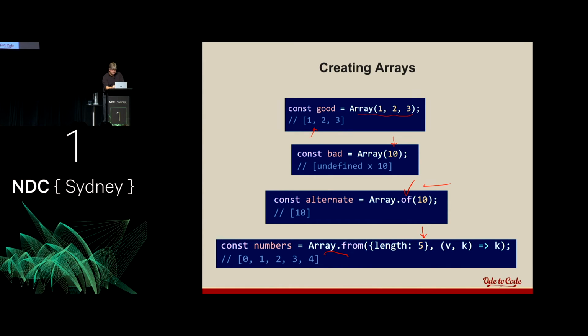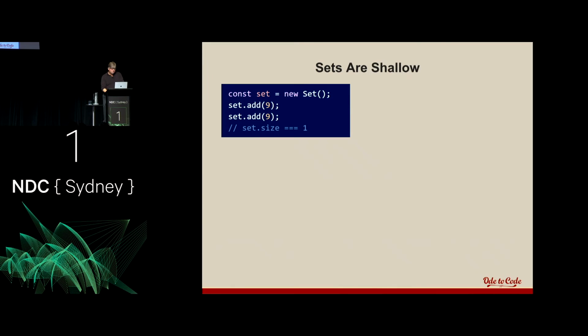And in this case, I'm just demonstrating that you can also pass in a callback function that takes the value that it found at that index and the key that it used to get in there, like 0, 1, 2, 3, 4, 5. So what this would do is build an array that has the values 0, 1, 2, 3, 4 in it. Fascinating, I hear you say. Tell me more. All right.